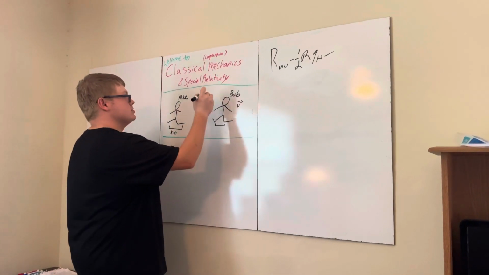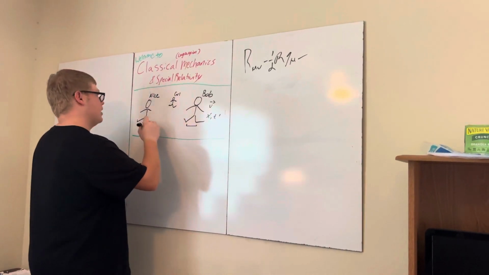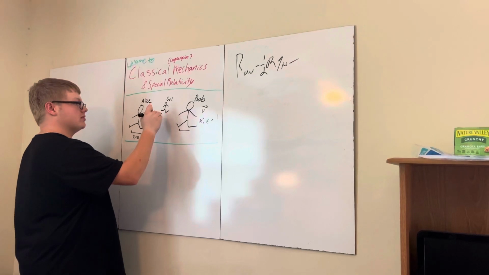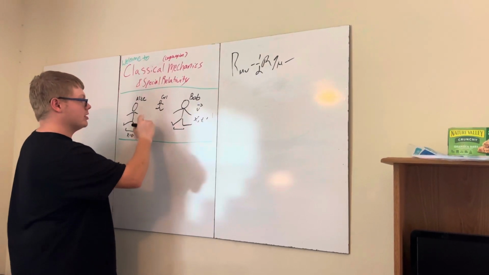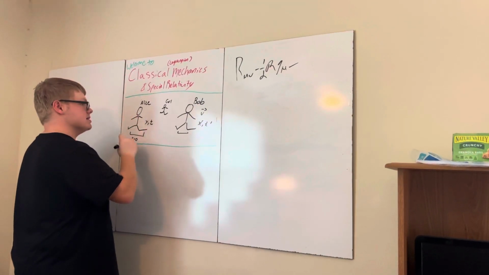Bob will measure Carl's coordinates as x prime, t prime, and Alice will measure Carl's coordinates, where Carl can be moving or stationary or just displaced over here or whatever, as x, t.